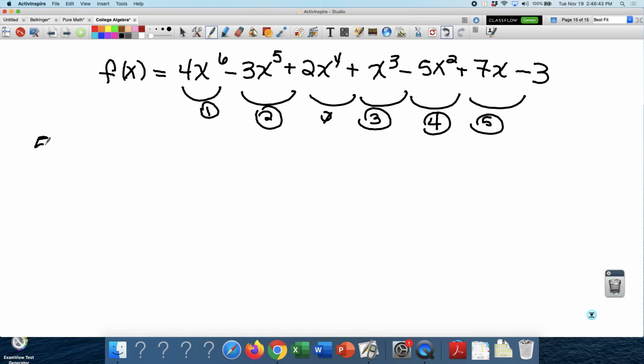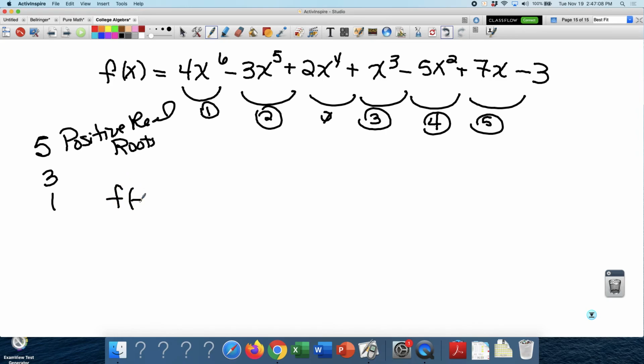So I have 5 positive real roots, or I have 5 minus 2 is 3, or 1. I could have 5, 3, or 1 positive real roots because irrational roots come in pairs.